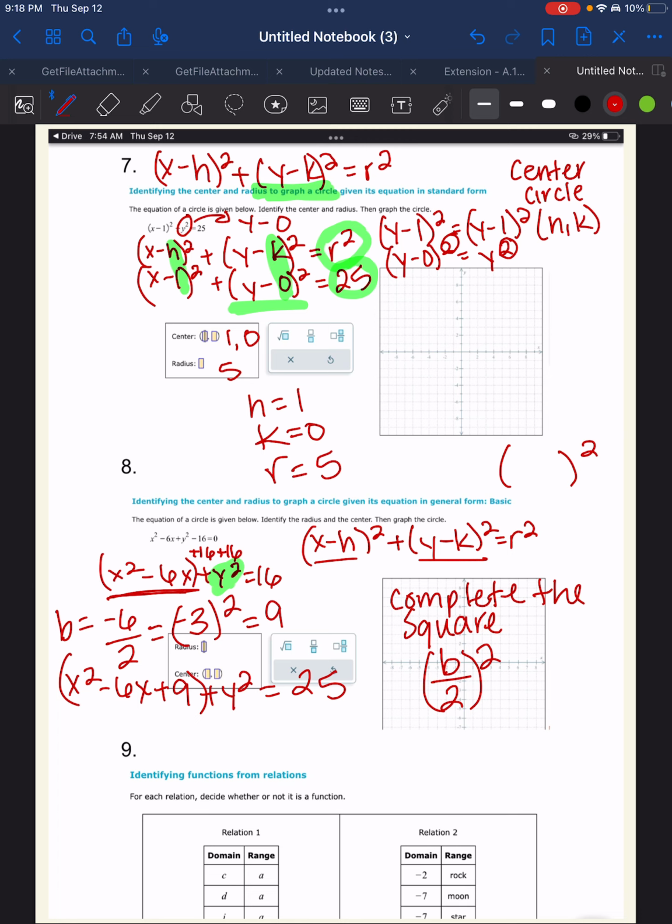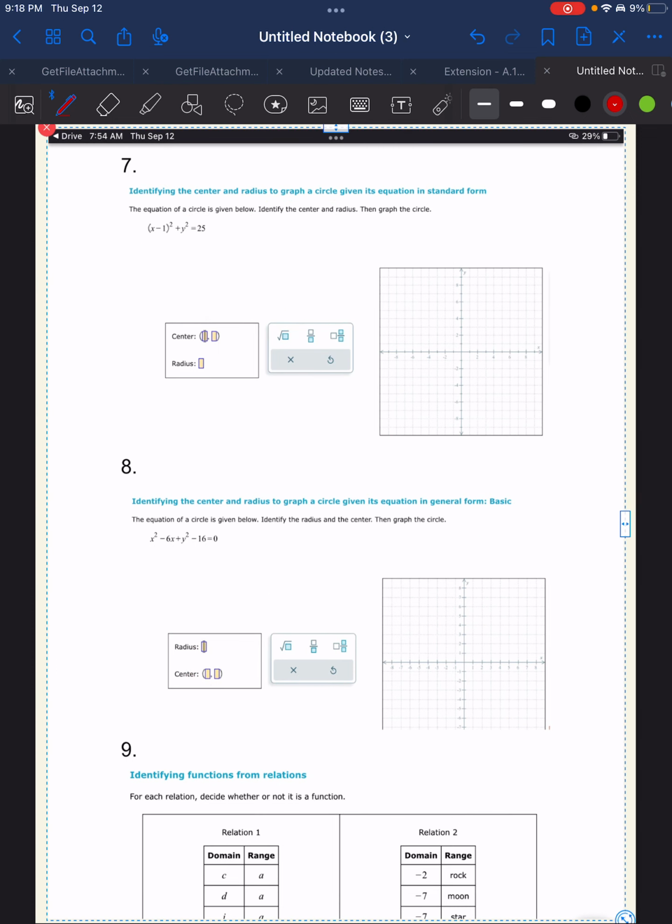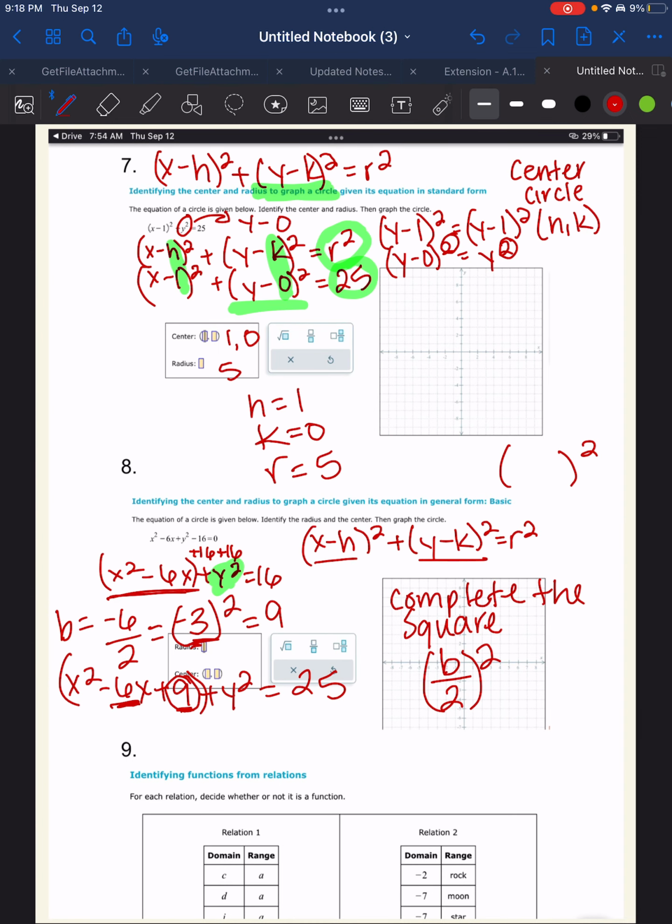Remember in class, we noticed a trick. We noticed a pattern. Negative 3 times negative 3 is going to give me positive 9. Negative 3 plus negative 3 is negative 6x. I noticed that because there's a 9 and there's a negative 6x. So I can jump down here and say, x minus 3 squared plus y squared equals 25.